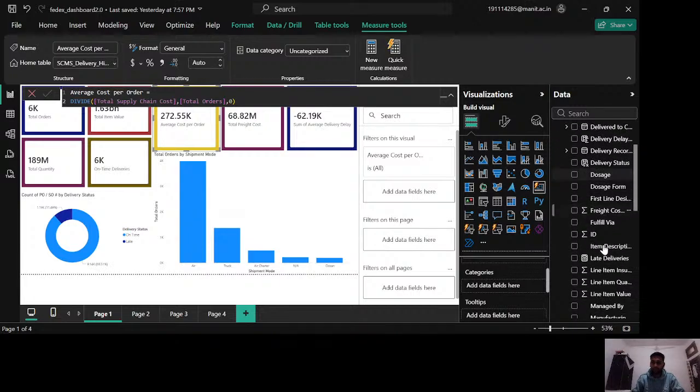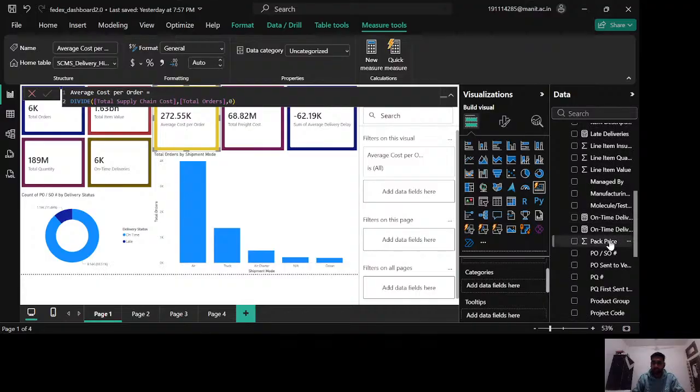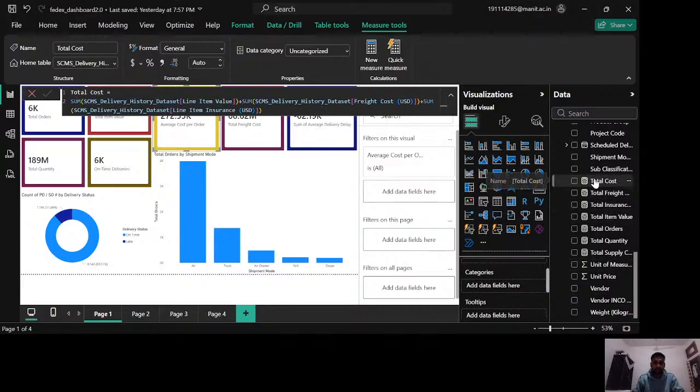For the total supply chain cost, we have created a measure of total cost, which is the sum of the line item value, the freight cost and the line item insurance in US dollars.